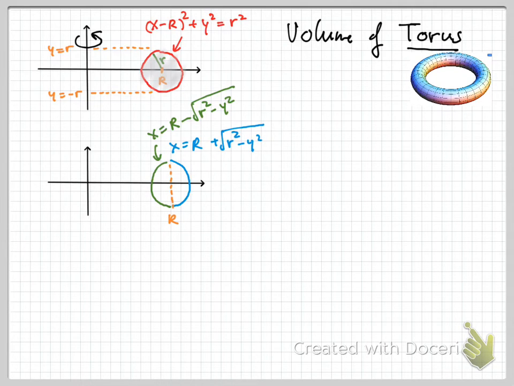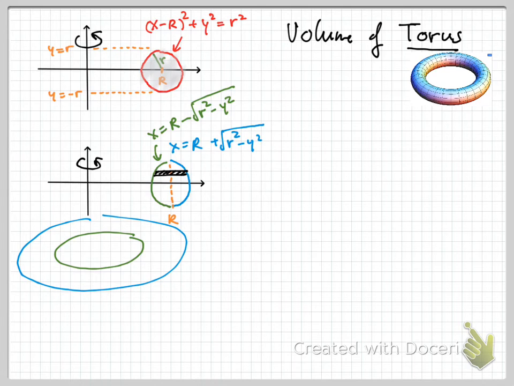Now we have to distinguish between blue and green because each of these elements, when you rotate about the y-axis, gives you a ring. The inner radius of the ring is in green, while the outer radius of the ring is in blue. So the volume of each ring is pi blue x squared minus pi green x squared, and the thickness is dy.